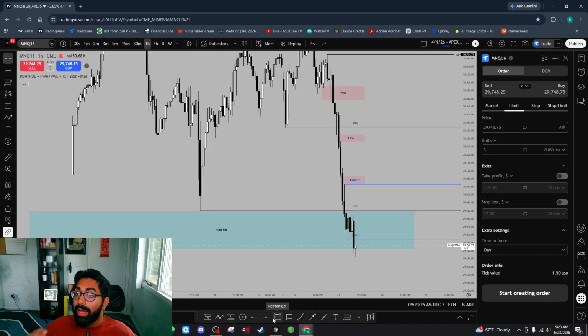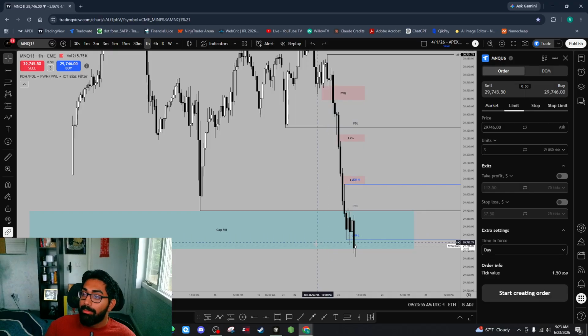Or it could mean that in finding its equilibrium, it's going to retrace to a certain medium or high time frame confluence zone and then continue in the dominant direction. So SMT could mean slight pullback or it can mean continuation. It just depends on the context of the market. In either case, it does move price a good bit.